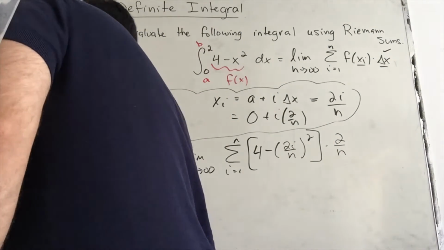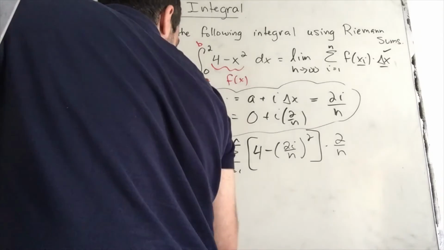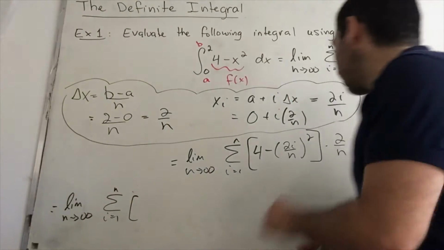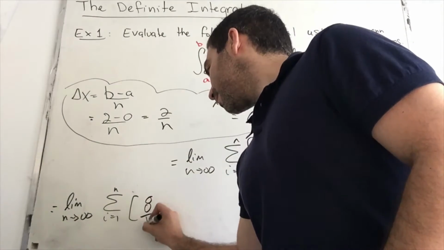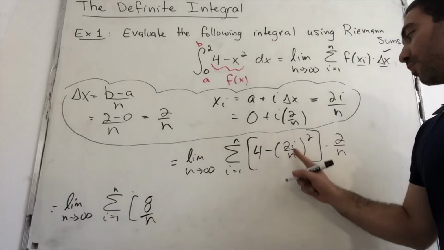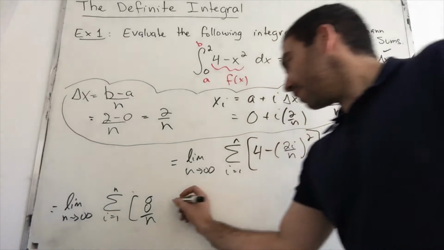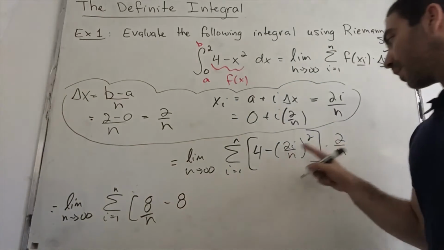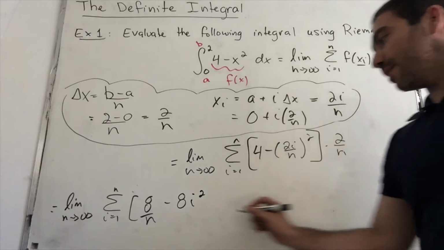So limit as n goes to infinity, summation i equals 1 to n. 2 over n times 4 is 8 over n. And 2 over n times 2i over n squared: 2 squared is 4, times 2 is 8, i squared, n squared times n is n cubed.